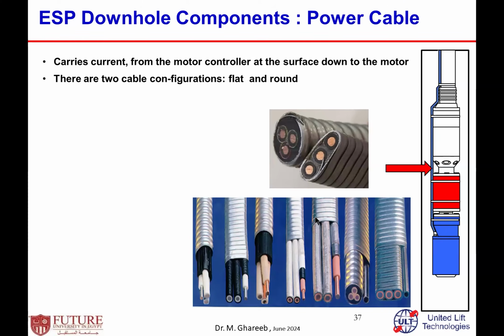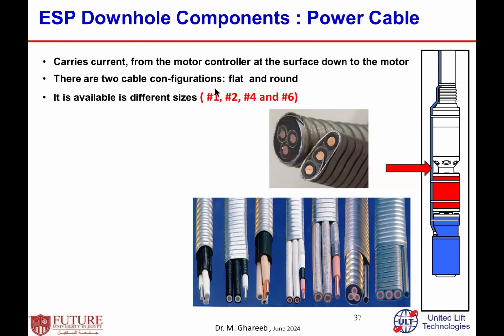Not only that, whether flat or rounded, cables can be found in different shapes, different configurations, different sizes, and different materials. Usually the size of the cable depends on the size of the conductor inside, and the size is categorized as size 1, size 2, size 4, or size 6.